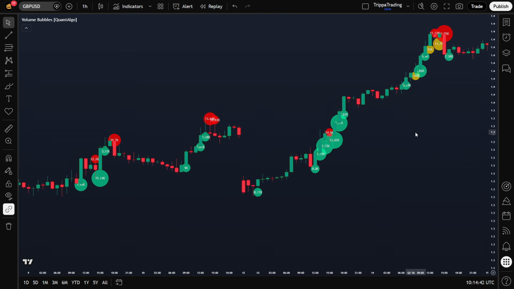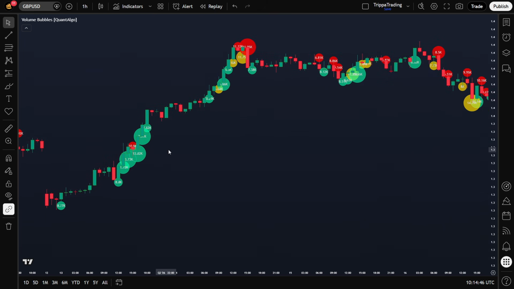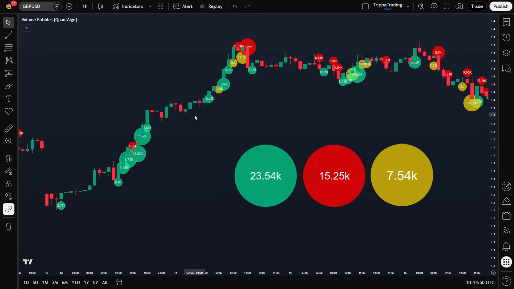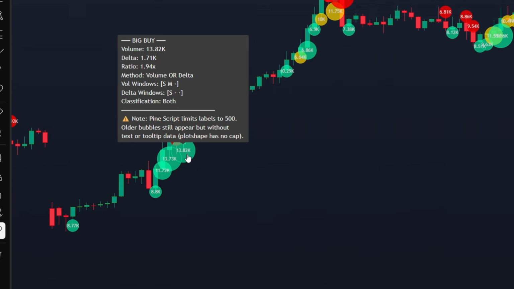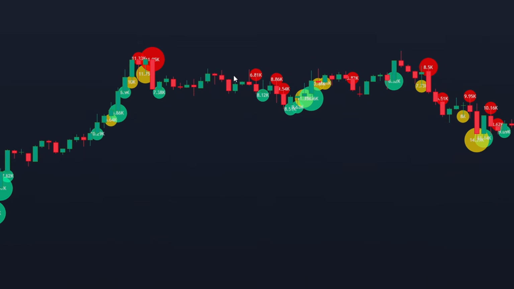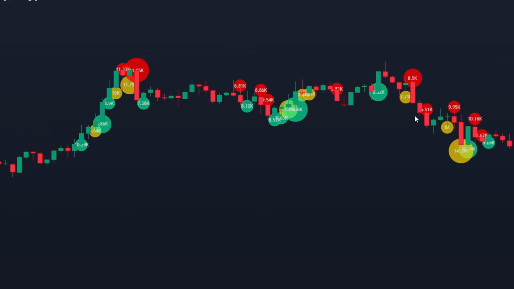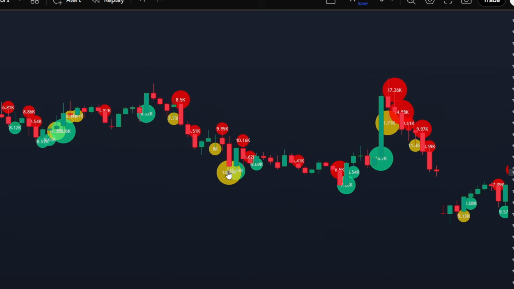Now let's talk about the colors, because this is where the directional meaning comes in. The bubbles can be green, red, or yellow. Green means the increased volume happened with bullish pressure, so it acts like a confirmation for buying activity. Red means the increased volume happened with bearish pressure, so it acts like a confirmation for selling activity.